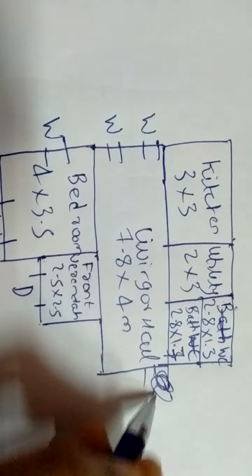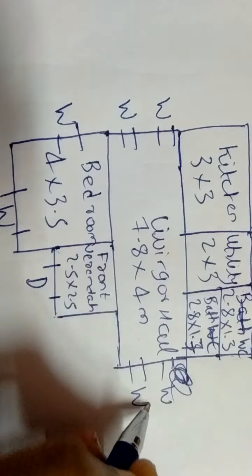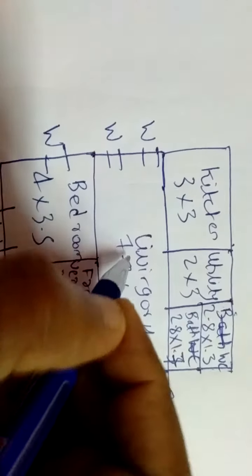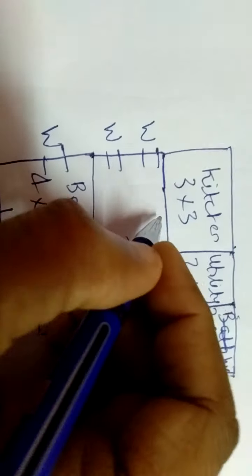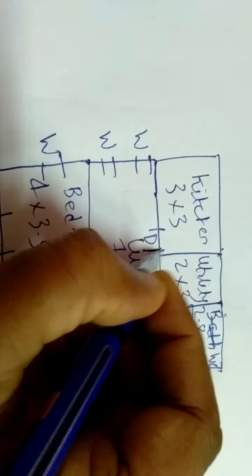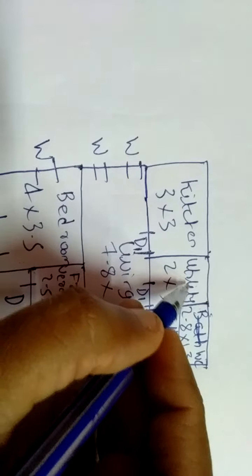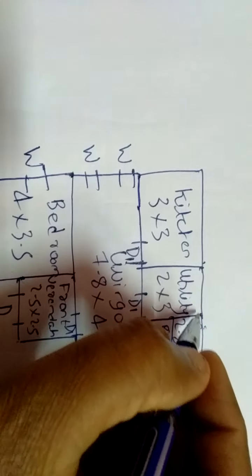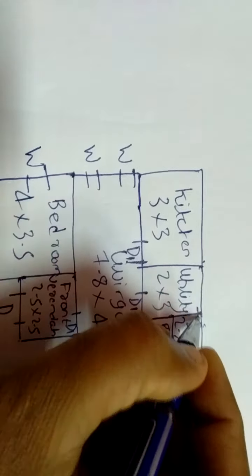Similarly here also we can give 2 windows. For the front veranda we can give D1. Similarly, to gain entry into the kitchen from the living or hall, let us take D1. Similarly the utility shall take D1, and from the utility to the bathroom and water closet we need other doors. You can give D2 here, and here also you can give D2.